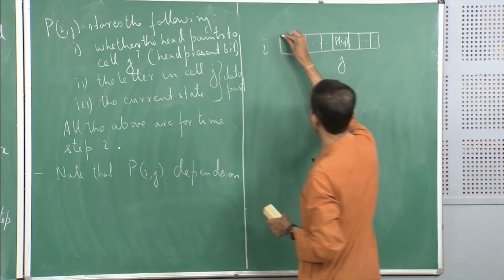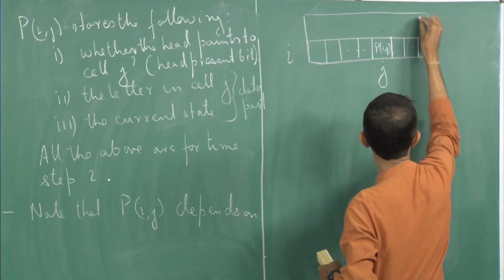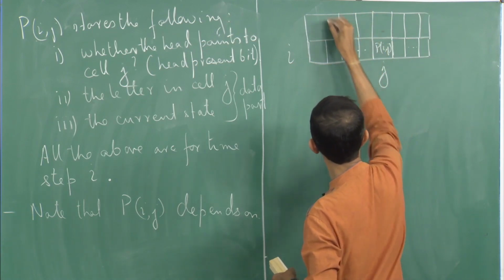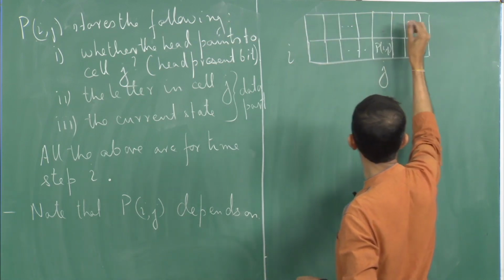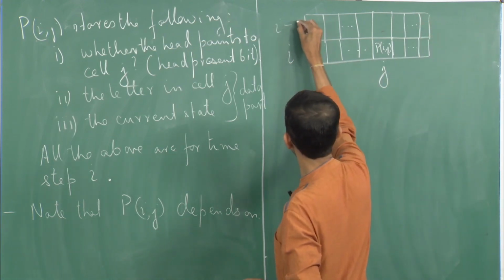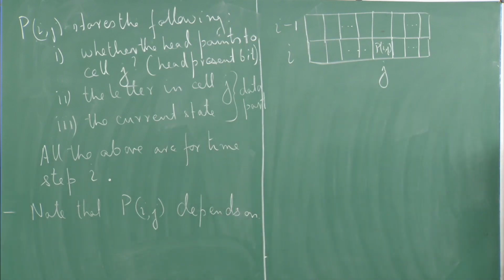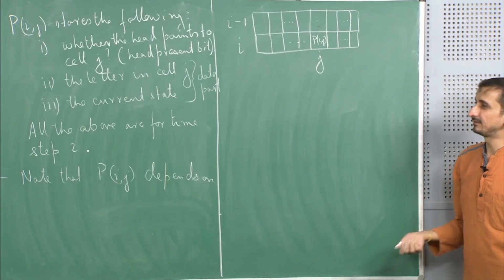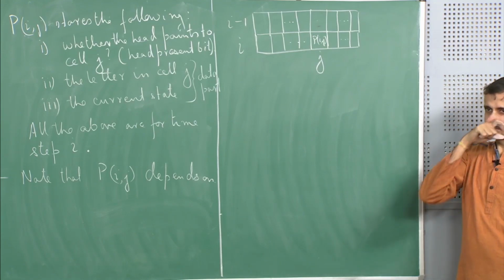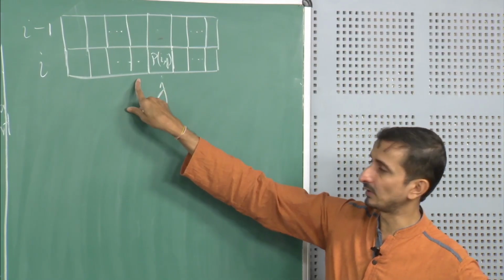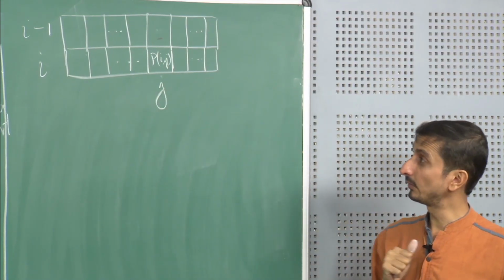What does it depend on? I have the I minus 1th row over here. Of course, it will depend on the previous cell. I am sorry, I j minus 1, this one.